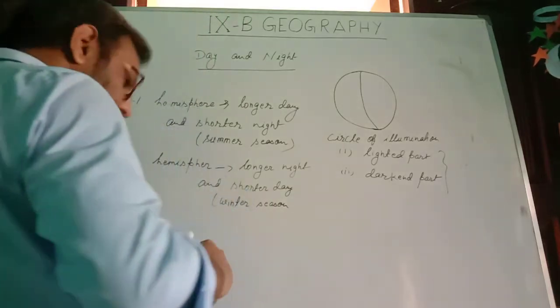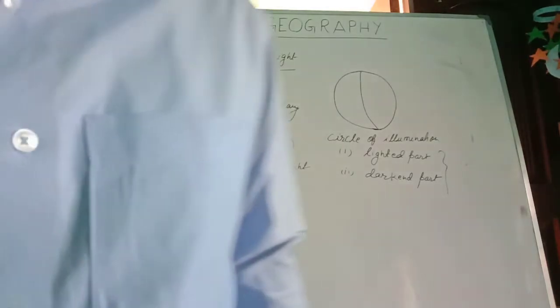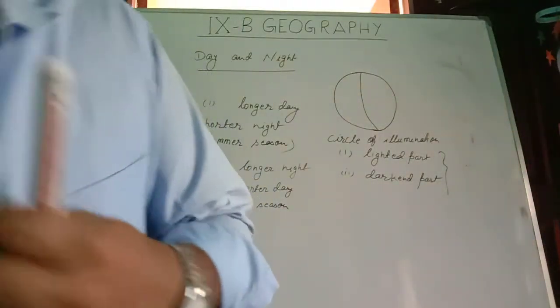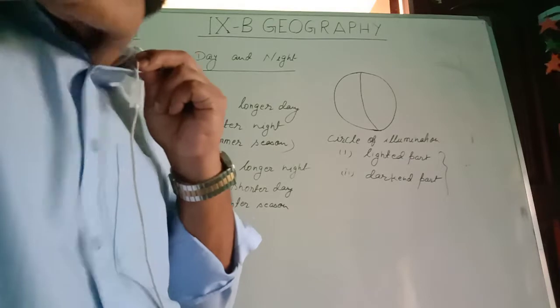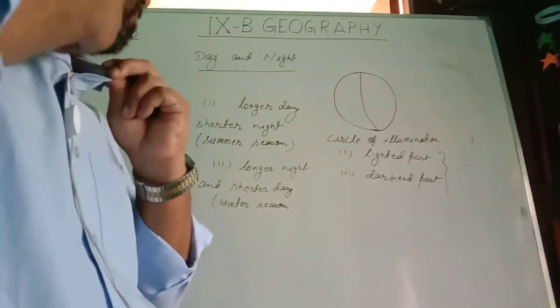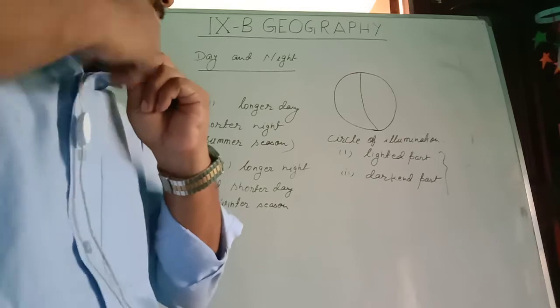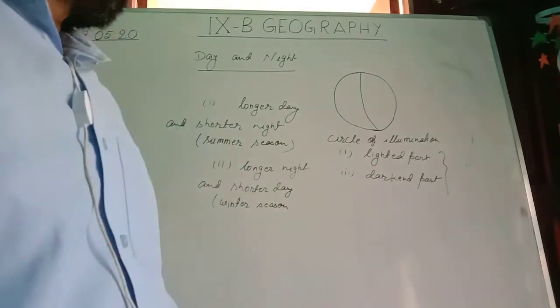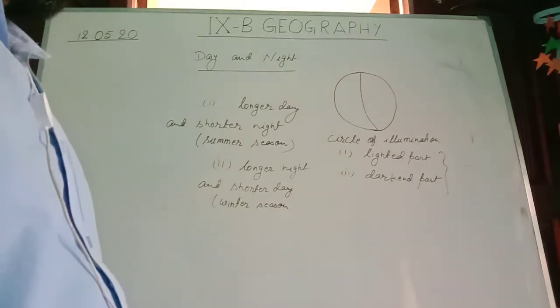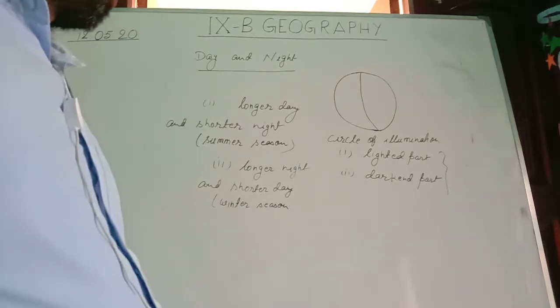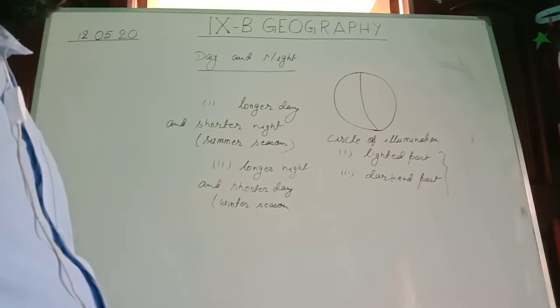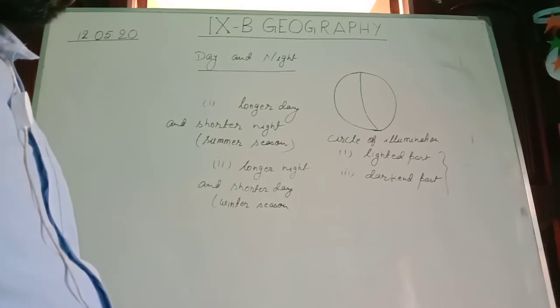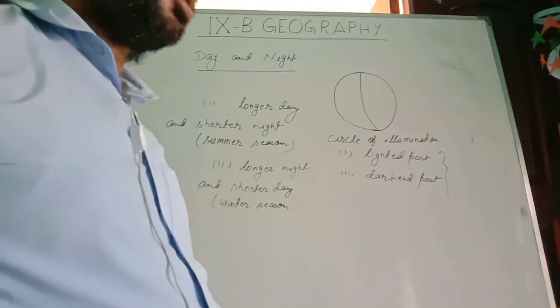In this way, I want to explain that in summer season, the part of the earth that is tilted towards the sun experiences longer day and shorter night, and at the same time in the southern hemisphere there is longer night and shorter day, as it is away from the sun.